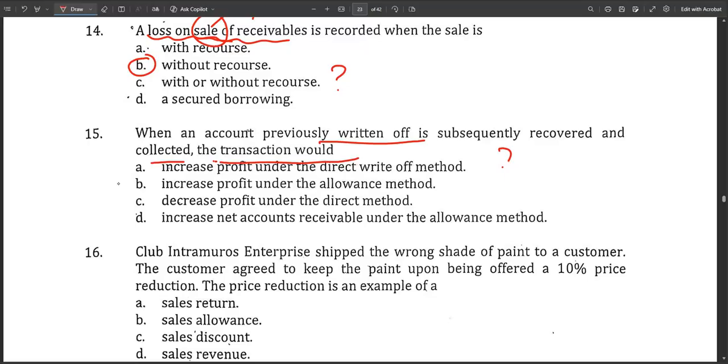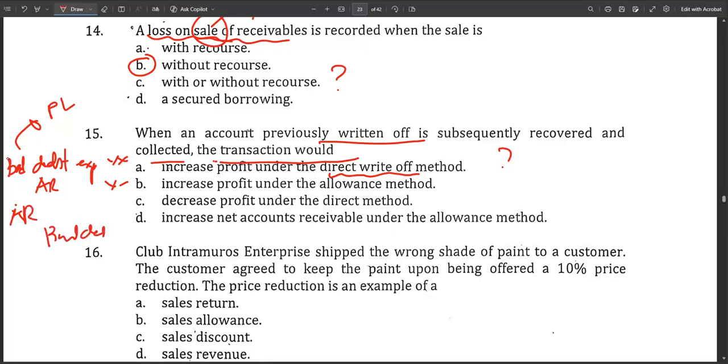In the direct write-off method, when there is a write-off, the AR is credited while the bad debt expense is debited. In other words, this bad debt is immediately reported in the P&L. When it's recovered, it has to be reversed. There is a bad debt recovery, which is an income, credited. Then cash is received. Then that's it.